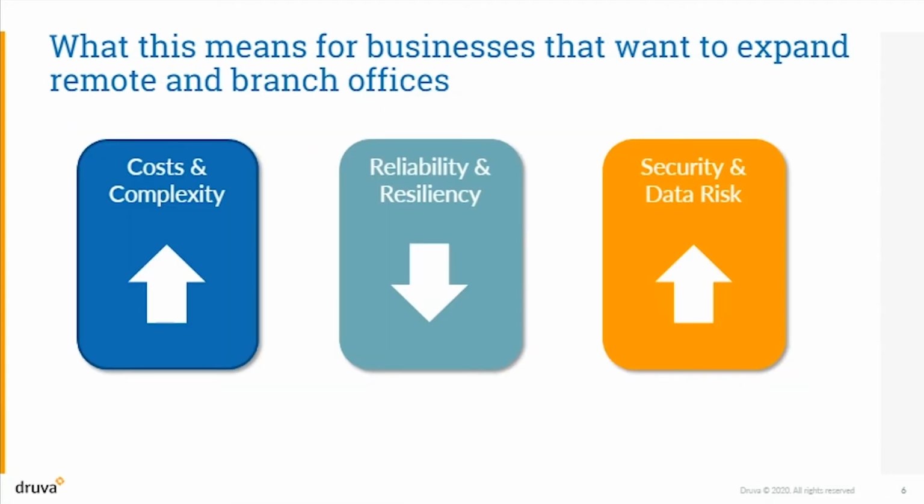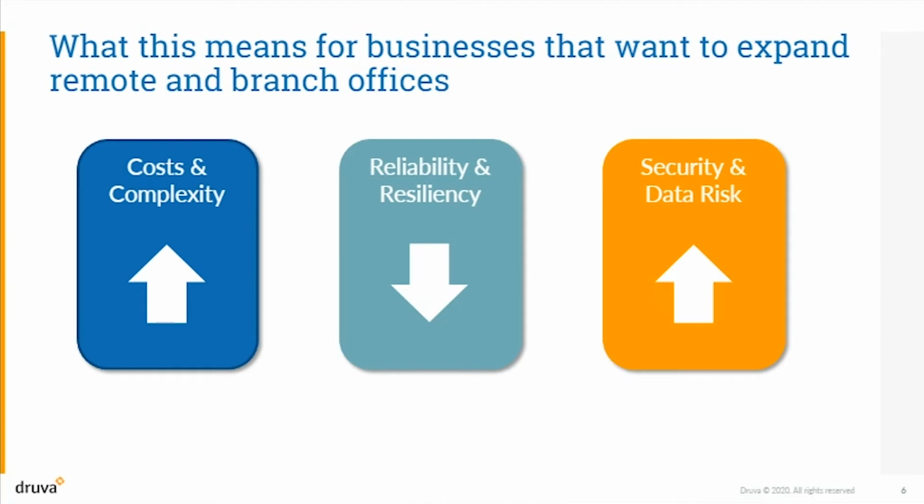So what this means for companies is that if you're trying to expand or grow your business and you're relying on remote or branch offices to help you do that expansion, you have this disproportionate cost and complexity hurdle that you wouldn't face if you were just growing out of your HQ. And so you have this high setup cost, if you will, and of course this complexity.